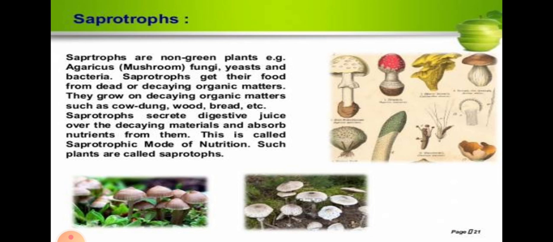So first is saprophyte. Saprophytes are non-green plants which obtain their food from dead and decaying organic matter. Dead and decaying organic matter means dead and decaying plants and animals.